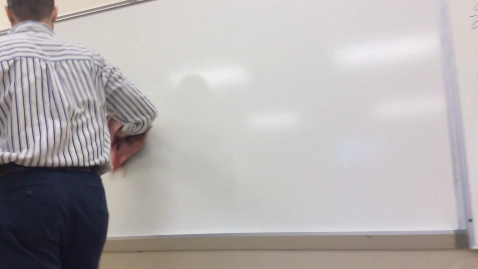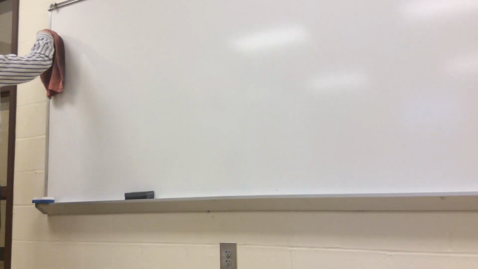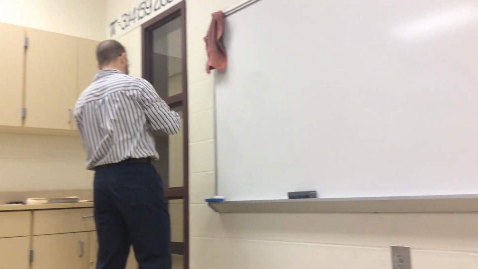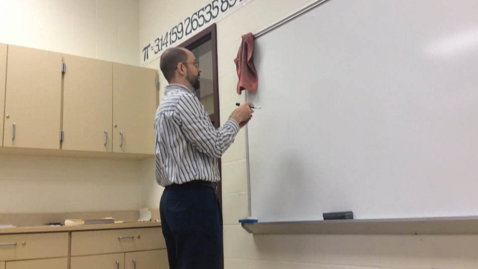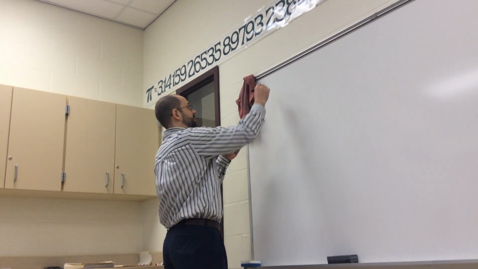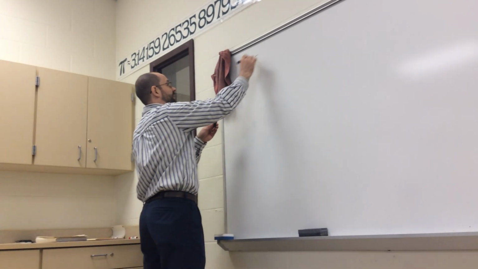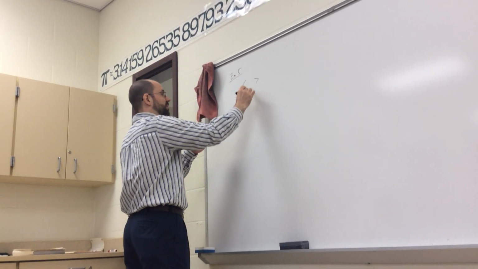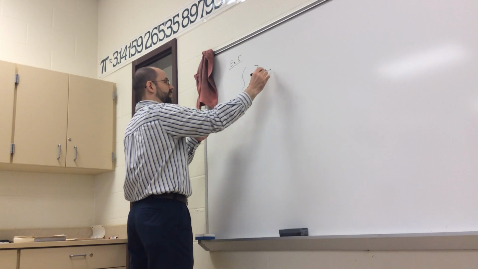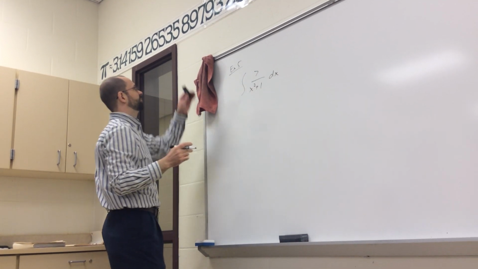All right, one more problem. Let's say we're trying to take the antiderivative. So what am I at? Example 5 here? All right. Antiderivative of 7 over x squared plus 1 dx.